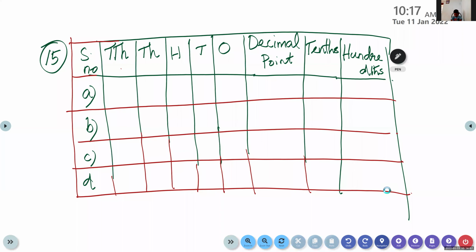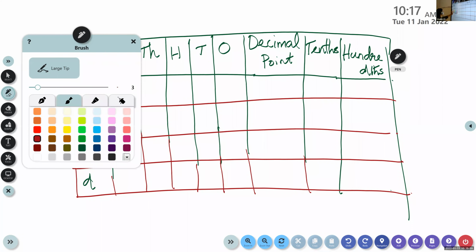Okay, children. So this is the decimal place value chart that you have to draw. Have you all finished? Yes. Now, children, we have to place the number according to the place value inside. What is the first question? 2 into 1000. So where will we place the number 2?